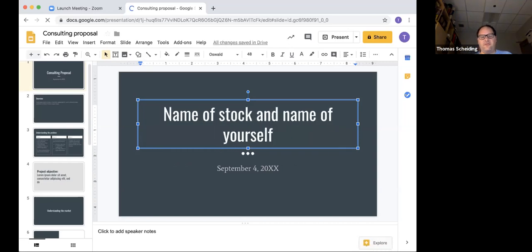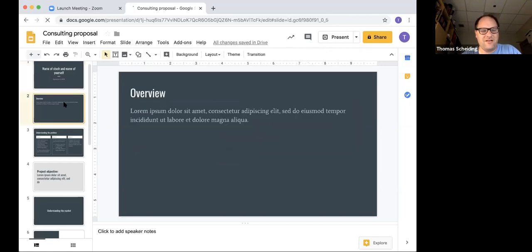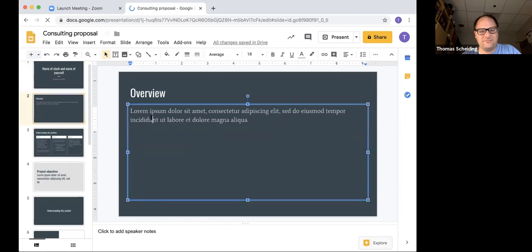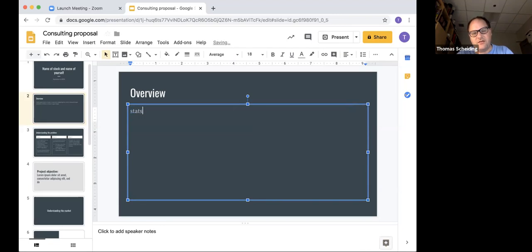Basically, first slide would be, tell me what stock you're looking at and put your own name on it. On slide 2, you tell us the stats in terms of the current share price.